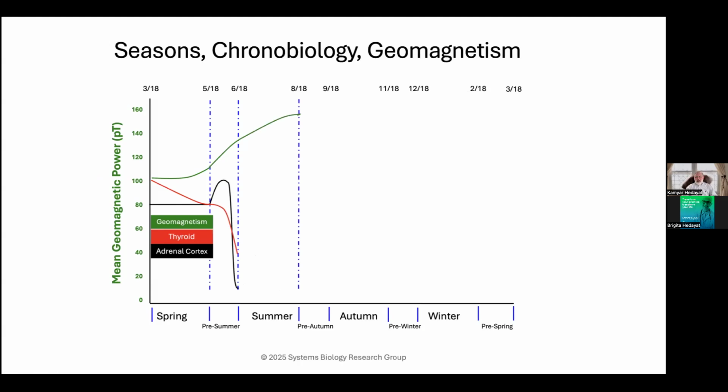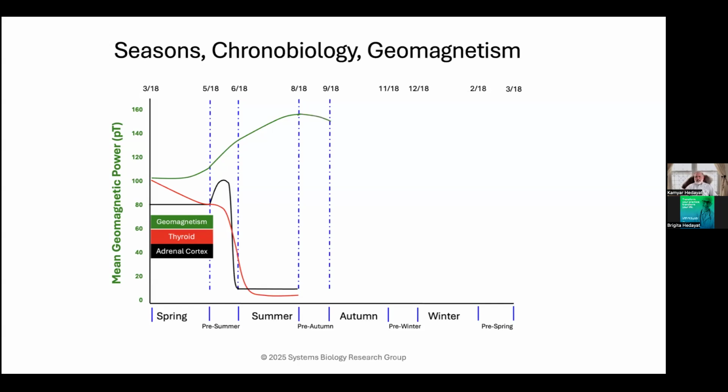Now, during this time of summer, we have the peak of geomagnetic activity, and we have the lowest need for adrenal and thyroid activity because we have such a strong level of geomagnetic activity to help modify the magnetic and electromagnetic functioning of our body and how that affects our metabolism. But what happens as the days become shorter again, and there is a demand to prepare for autumn?